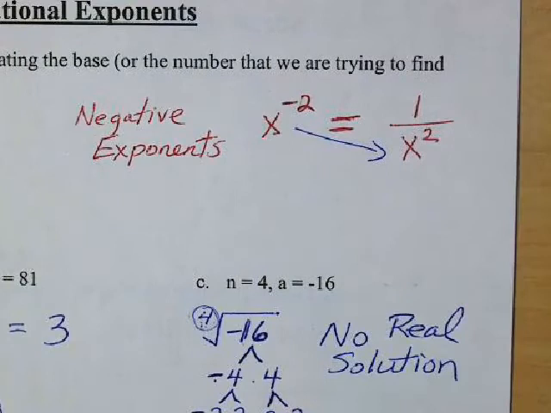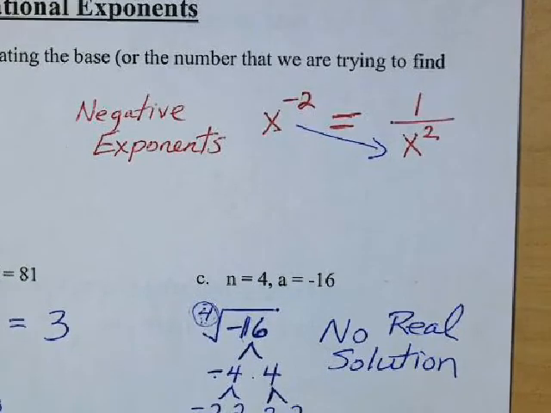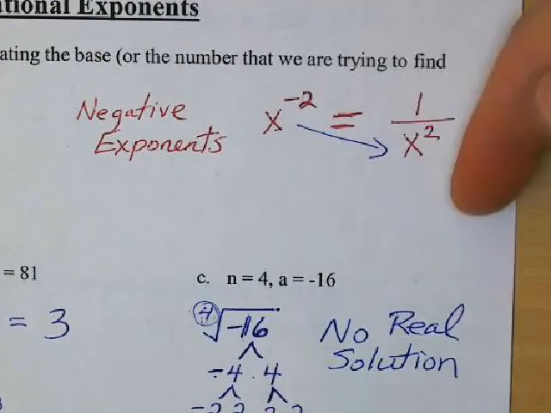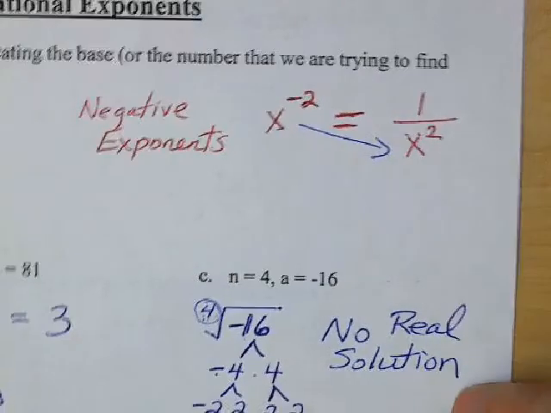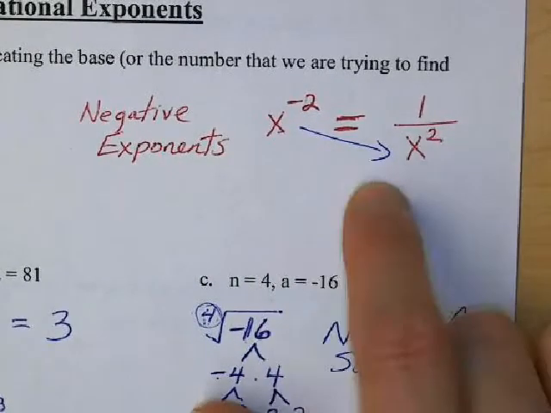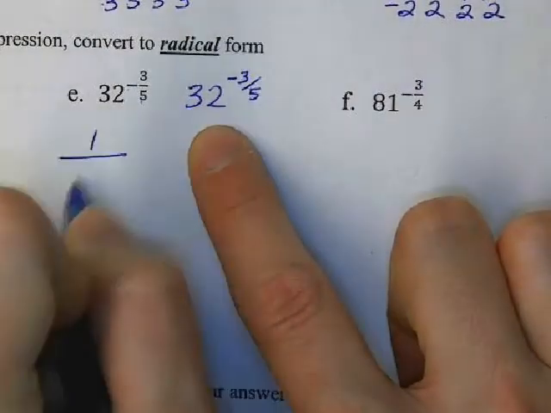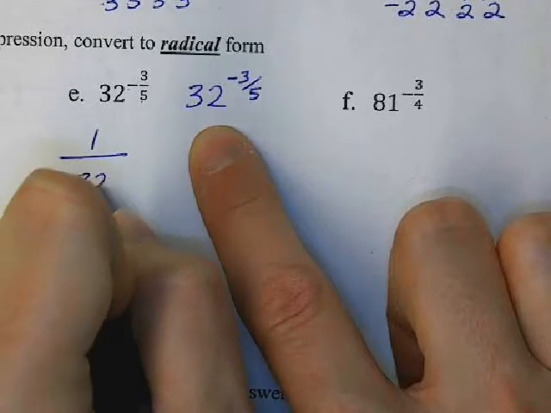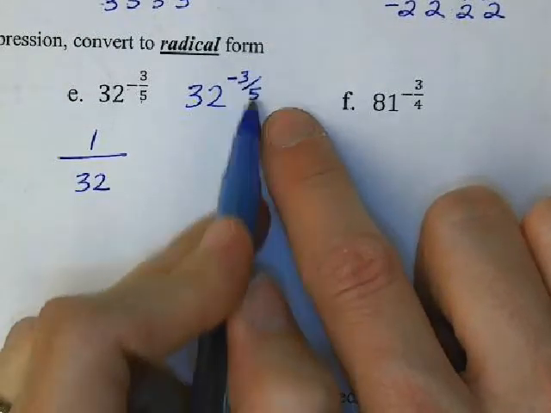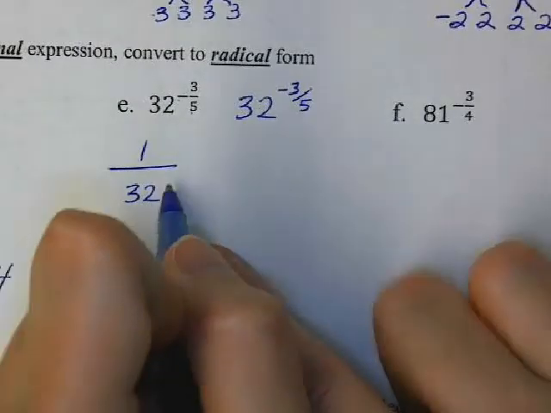So when we're looking at this new problem, I see a negative exponent, and I'm like, oh great. I want to fix it so it's not a negative exponent. So we're using this concept. I would put 1 over 32, and then it's 3/5 power.